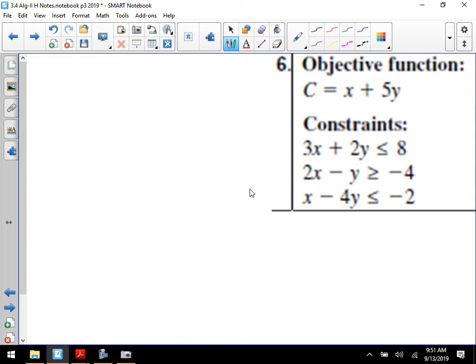As we get into here, I have to start thinking of scale. The intercepts are: y-intercept 4, x-intercept 8/3; y-intercept 4, x-intercept -2; y-intercept 1/2, x-intercept -2. Which means the largest intercept we could get here is going to be a 4. Are we okay with that?